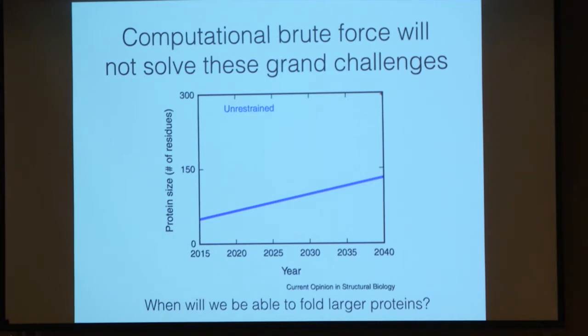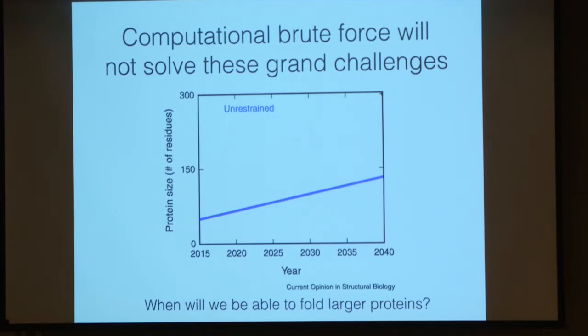Physics has solved the problem of 2 particles interacting. Beyond that, you just have to do numerical integration. So this is how we scale when we use a brute force approach. This is us right now. We're able to fold proteins that are around 30 to 40 residues, and we would like to go all the way up to 300 residues. And it's not going to happen anytime soon.